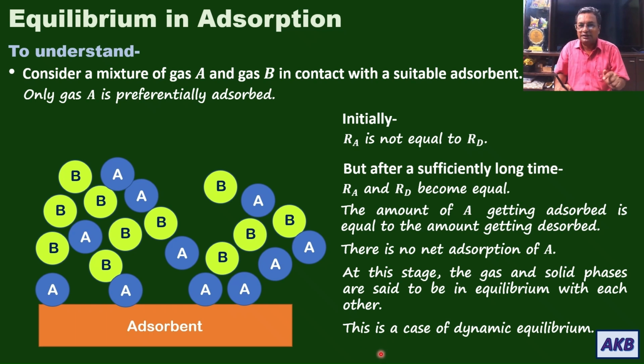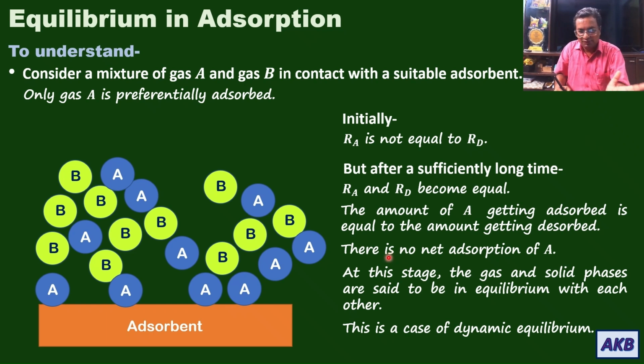Because here A is getting adsorbed, A is getting desorbed, but there is no net adsorption of A on the surface. That means even though both the processes are occurring, there is no net transfer of A on the surface of adsorbent.